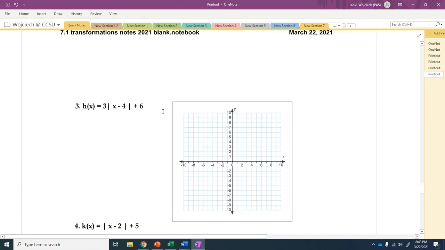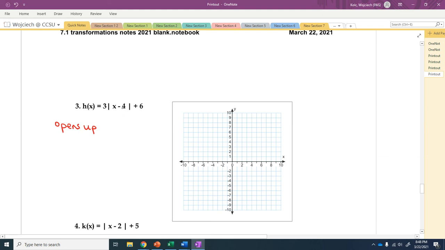I have two more examples, but you kind of got the idea. For number 3, all I really want to do is talk about the main idea here. It will open up. The 3 tells you it will be narrower, so the graph would be a vertical stretch and the graph will become narrower.